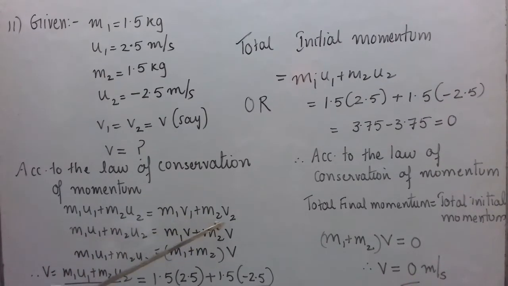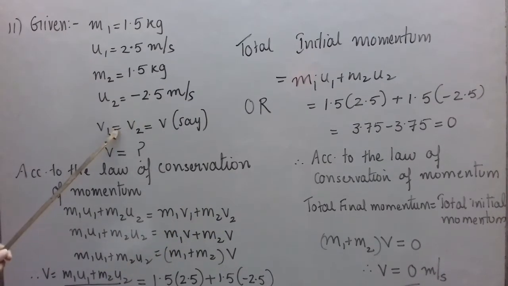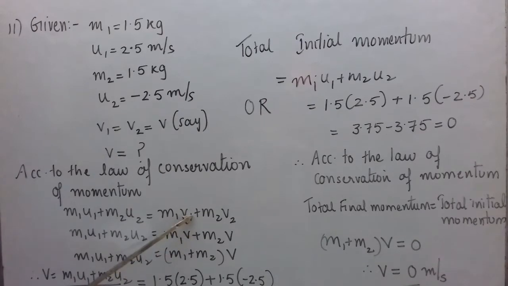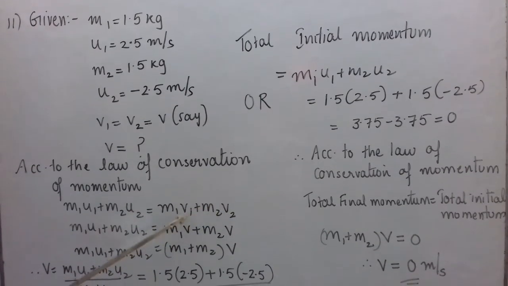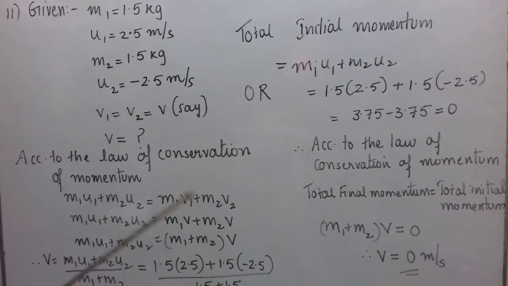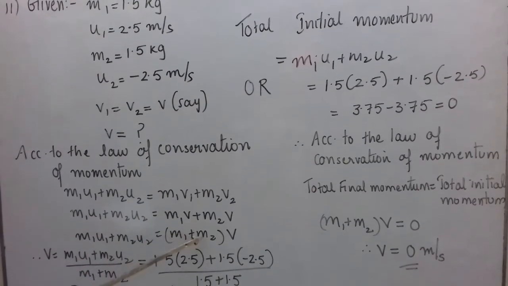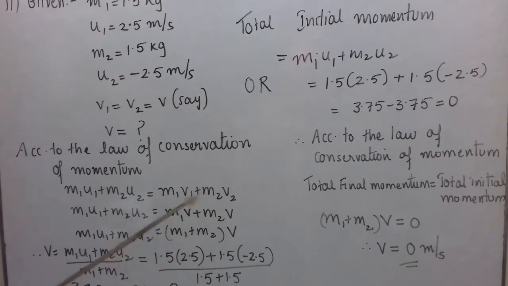Now v1 and v2 are equal and we have taken each to be equal to v. So we'll put v instead of v1 and v2 in both the terms, and taking v out we get on the right hand side m1 plus m2 in the bracket into v.